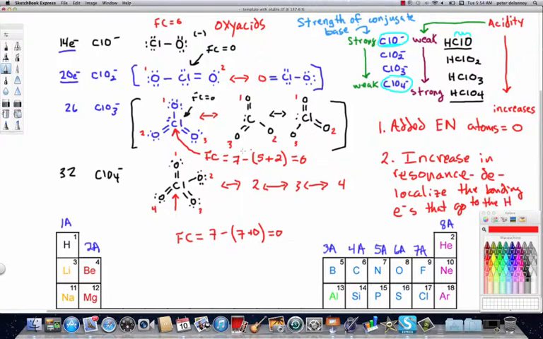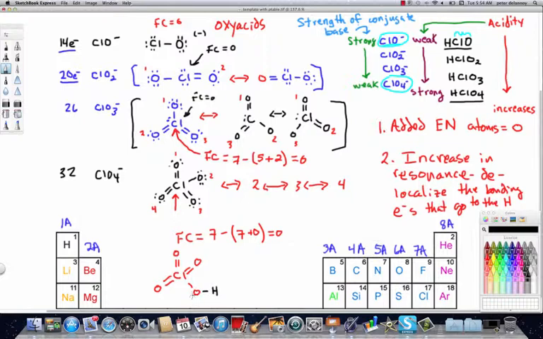All right, so really quick, if we look at the perchloric example, and if we look at the perchloric acid, and we add the proton, this is what it's going to look like.